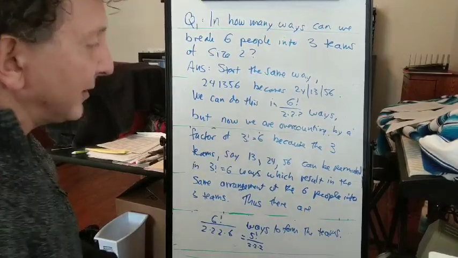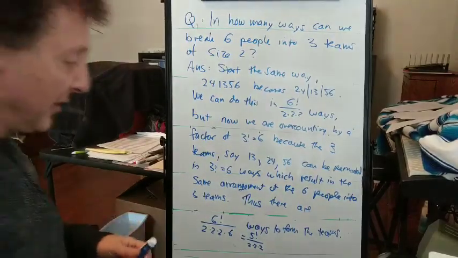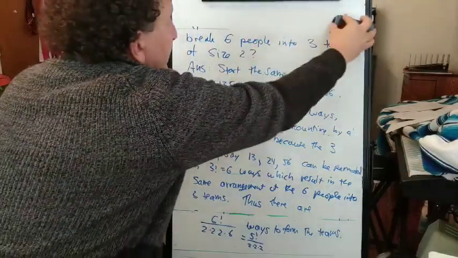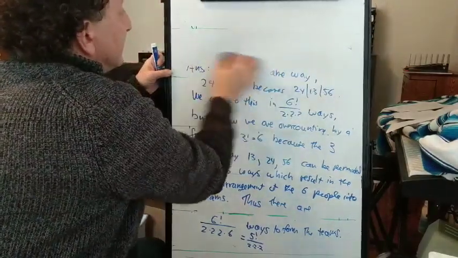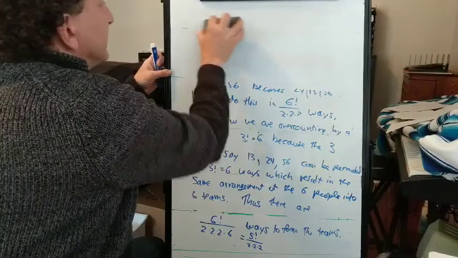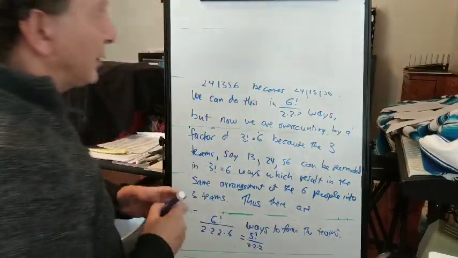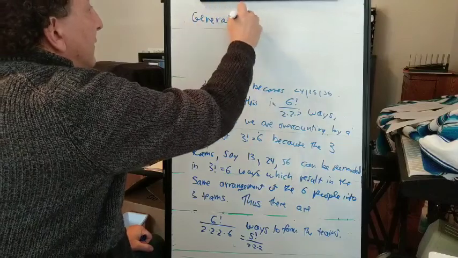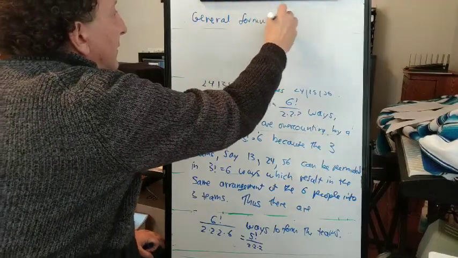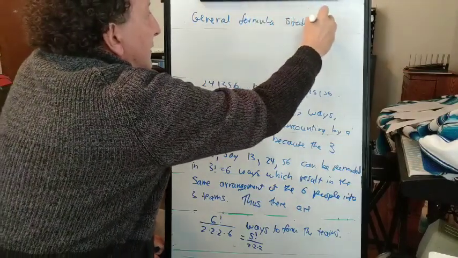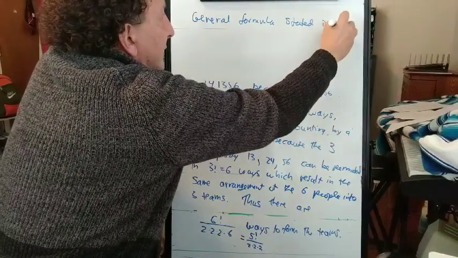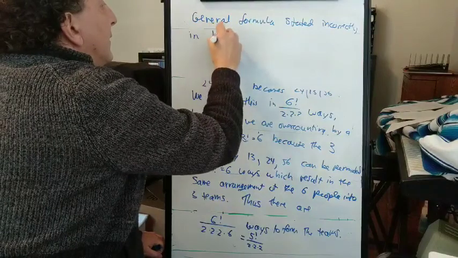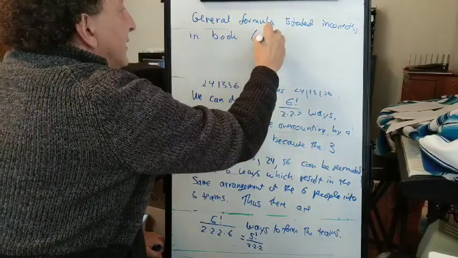Alright, now let me state the general formula that tells us how to answer questions like this. Now, unfortunately, the general formula is stated incorrectly in the book on pages 9 and 10.